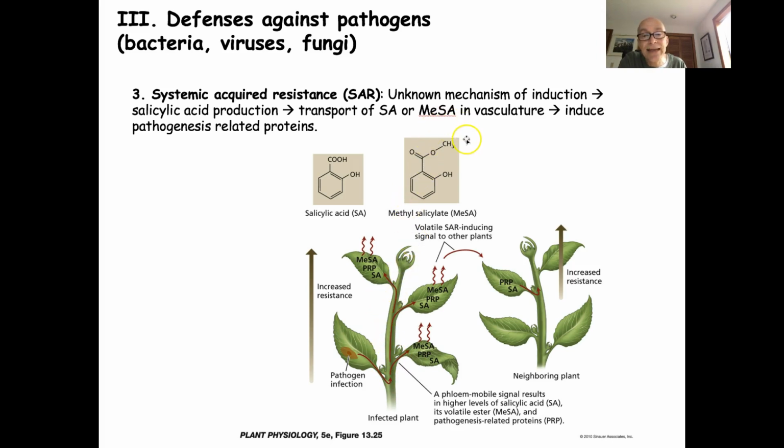So by putting an ester on it, right, this is the methyl ester of salicylic acid called methyl salicylate. That can then be volatilized out of the plant and can be perceived through receptors in a neighboring plant. So that can in fact increase resistance of a plant that has not even been attacked yet.